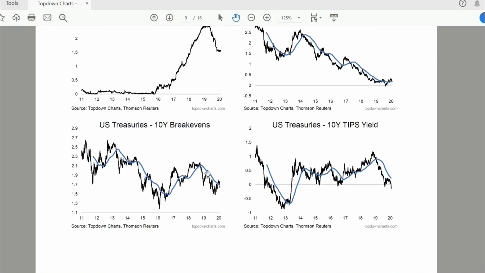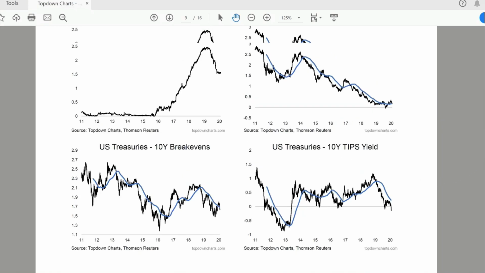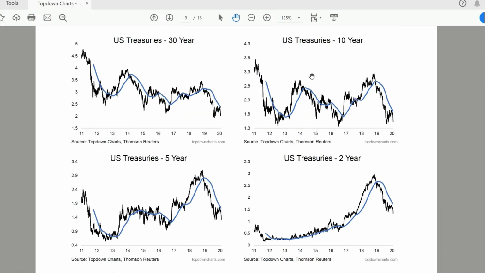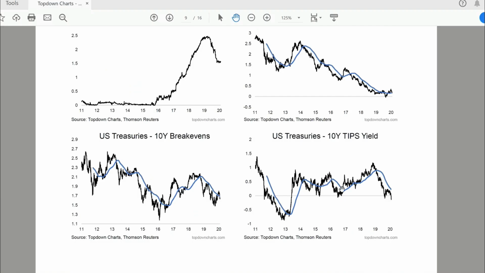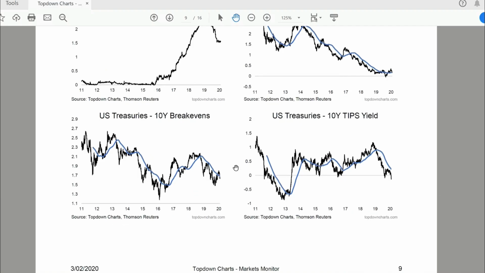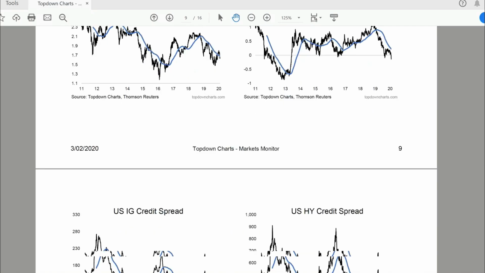Then TIPS, so the break-even component of that, which you can call the market-based measure of inflation expectations, and the real yield component on the right-hand side there, which is basically, if you take the 10-year nominal yield, you can break that down into inflation expectations and real yield, and that's what they look like.